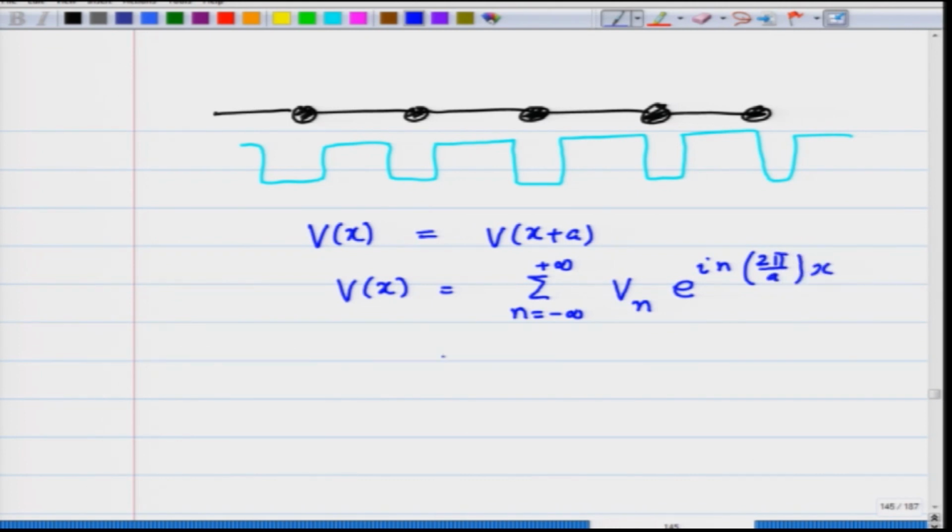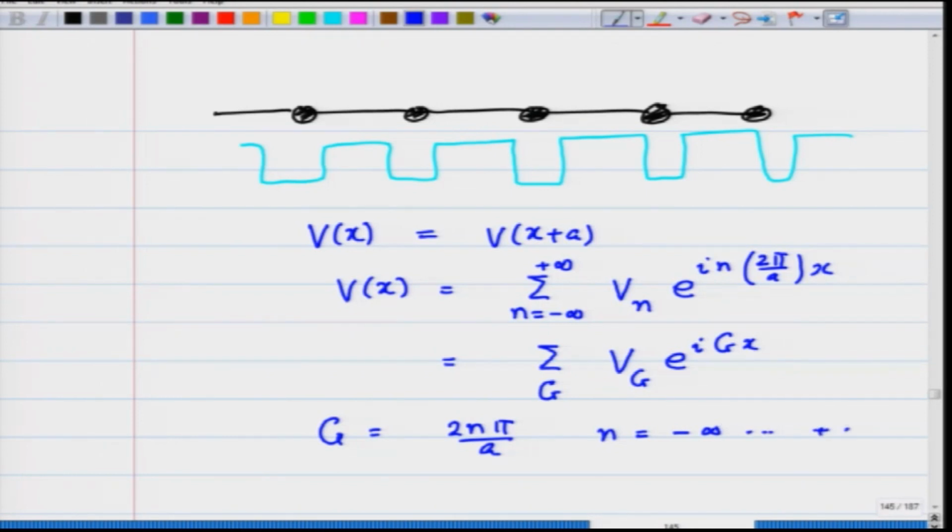Let me write this as summation over G, where G is the reciprocal space vector, V G e raised to i G x, where G is 2 n pi over a, n going from minus infinity to plus infinity.